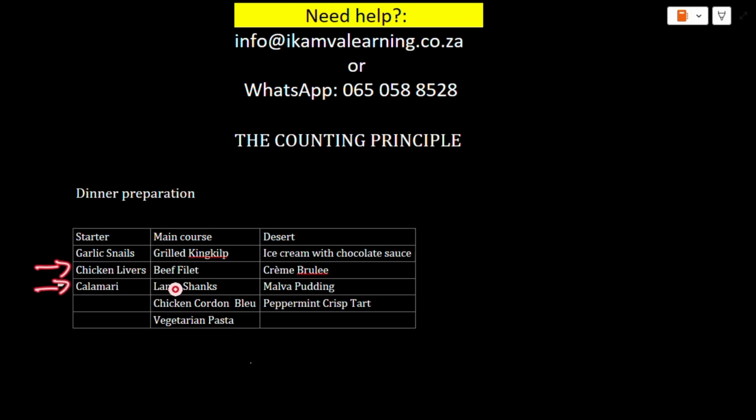For the main course, we can prepare the grilled king clip, the beef fillet, the lamb shanks, the chicken cordon bleu, or the vegetarian pasta. For dessert, we can prepare ice cream with chocolate sauce, creme brulee, malva pudding, or peppermint crisp tart. Those are all the choices that you have.